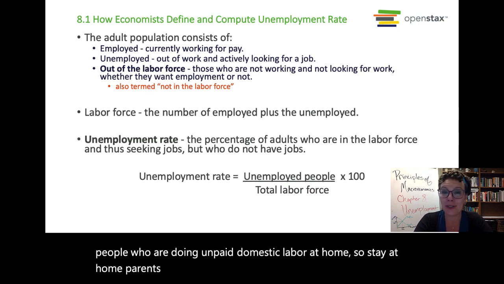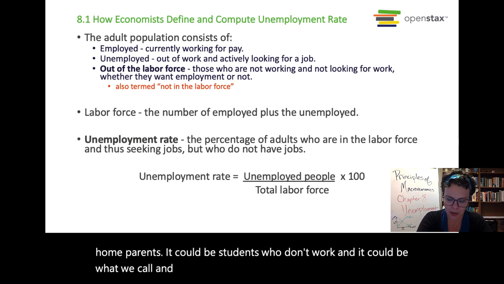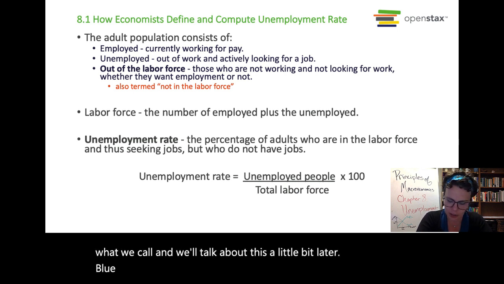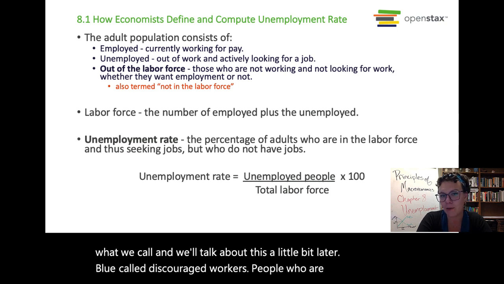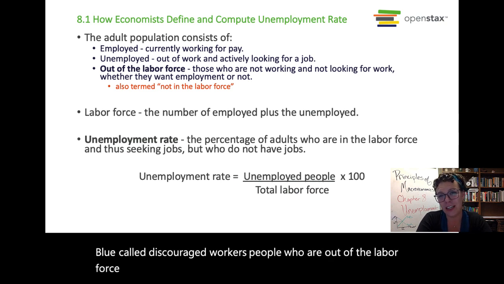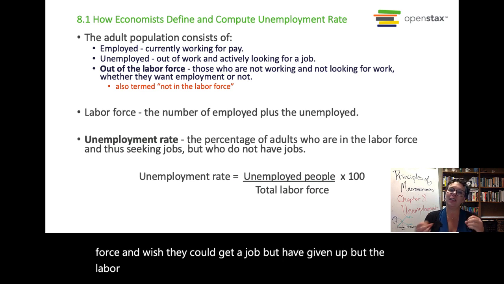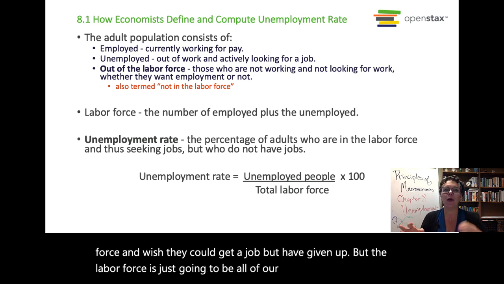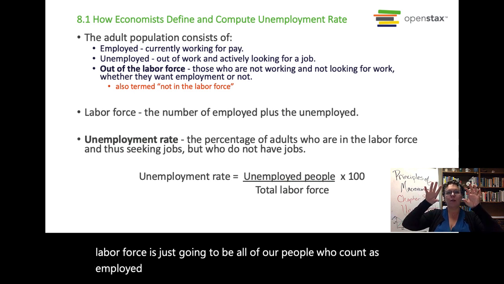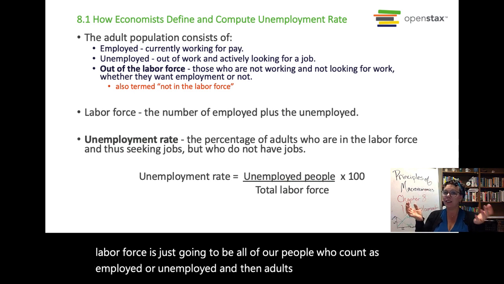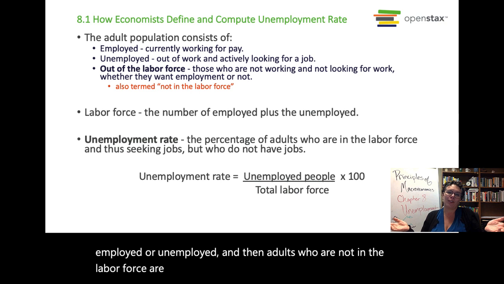It could be students who don't work. And it could be what we call, and we'll talk about this a little bit later, discouraged workers, people who are out of the labor force and wish they could get a job but have given up. But the labor force is just going to be all of our people who count as employed or unemployed. And then adults who are not in the labor force are out of the labor force.